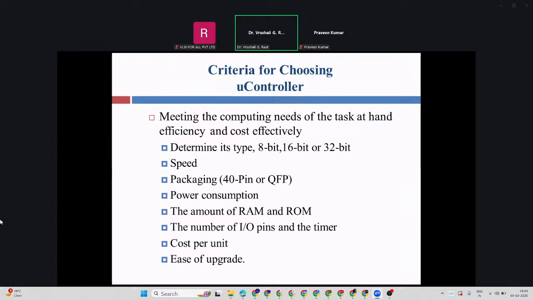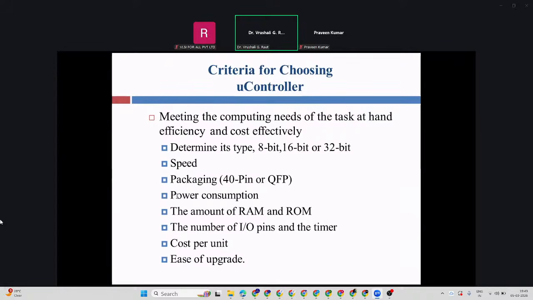Depending on my requirement, obviously, I'll be choosing the pins. So how was 8051? It was a DIP package, right? Dual inline package. And what do you mean by QFP? It is quad flat package. By the name itself, you'll understand it is quad, and on all the sides, pins will be there. That way the packaging is. So what type of packaging do we need?